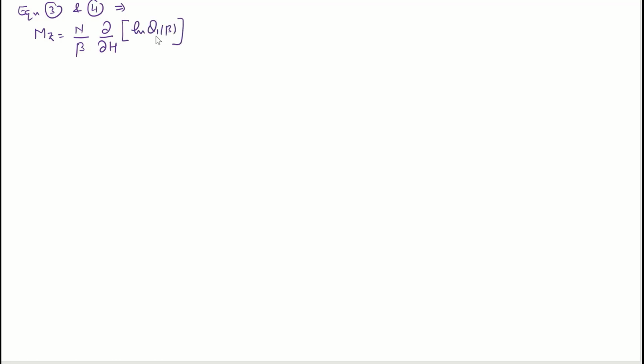Okay, so now substitute the value of q1 beta, so this becomes n by beta curly h of ln 4 pi upon beta mu h sine hyperbolic beta mu h.